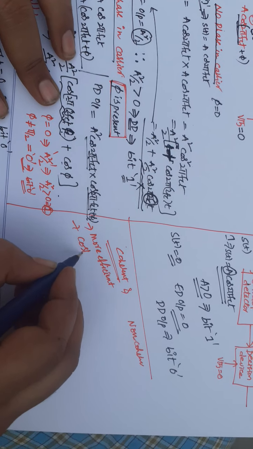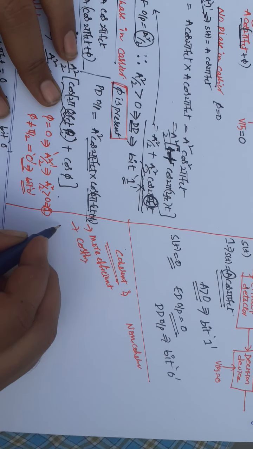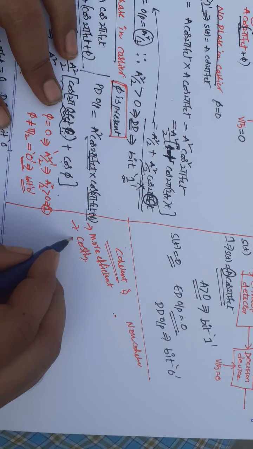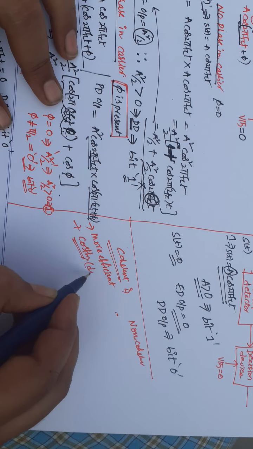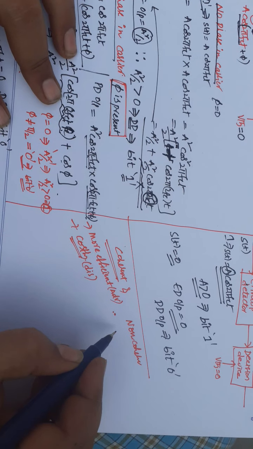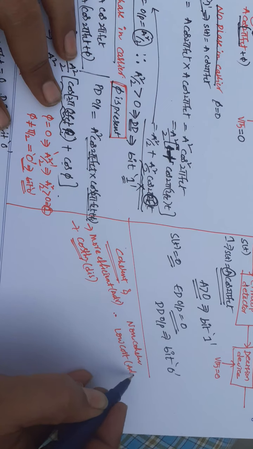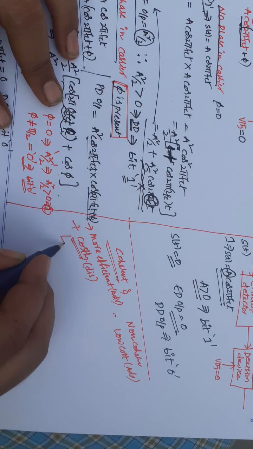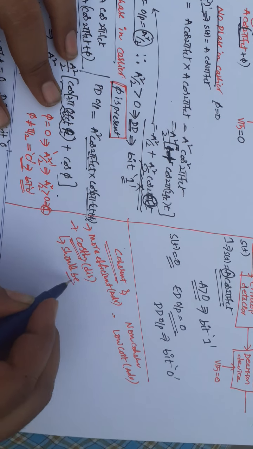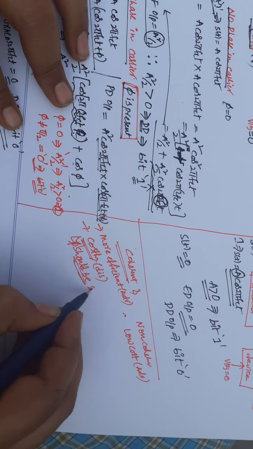Costly can be written as a disadvantage. For non-coherent, low cost is an advantage. Another disadvantage in coherent is that the phase should be synchronized.